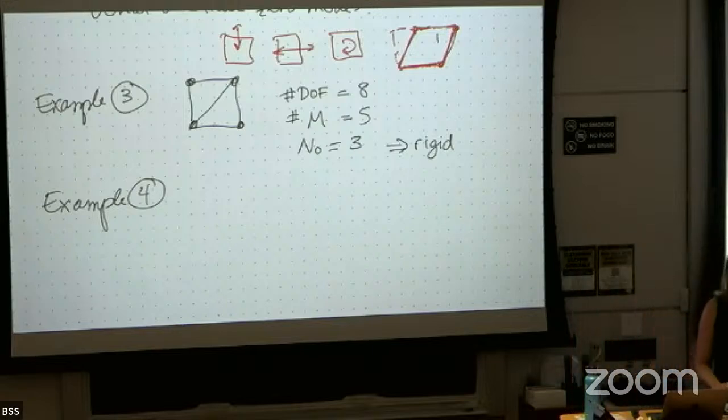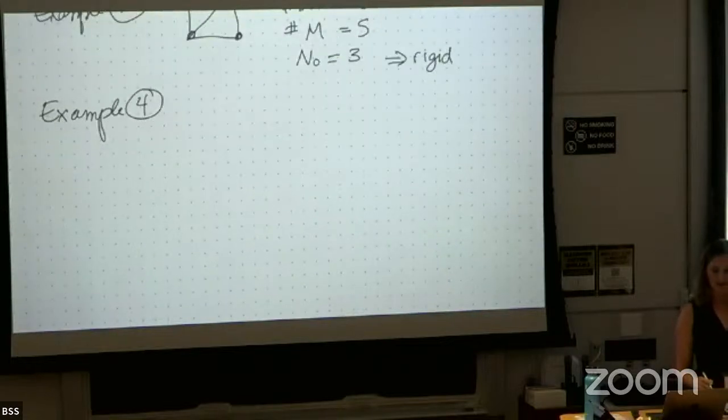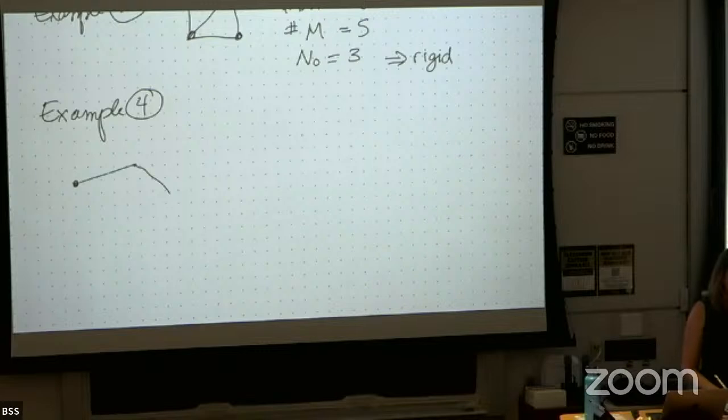Let me just show you an example and then not talk about it. I have 0 minutes left, but I want you to think about this overnight, and I want it to bother you because it bothered me. Here's the example. It's exactly the same 4-bar linkage, but now I've stretched it out.